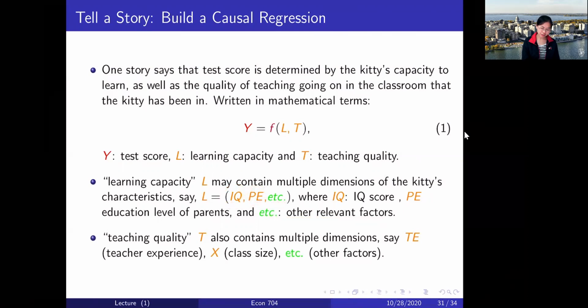And you can measure teaching quality by things that are related to the teaching environment, like teacher experience and class size and other things that might affect teaching quality in the classroom. So L is a function of the student characteristics, IQ, parental education, and other things. And T is a function of the teacher experience, class size, and other things. Now you put these measurements into this model that you have.